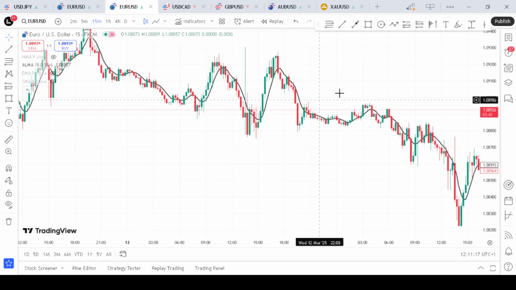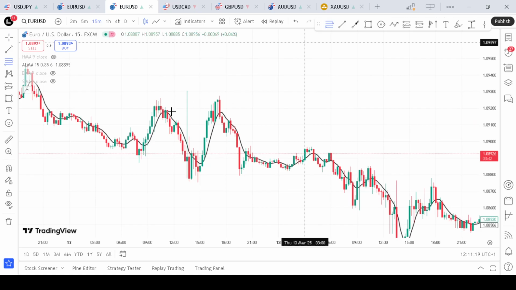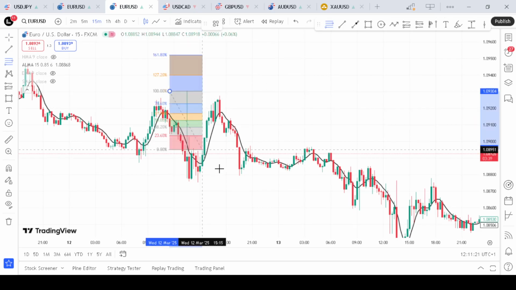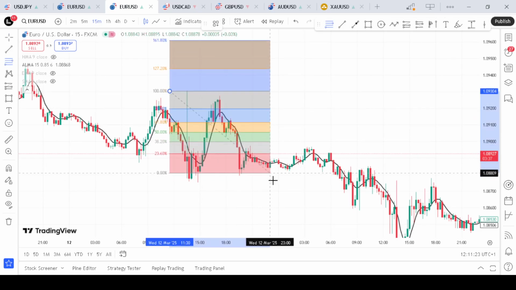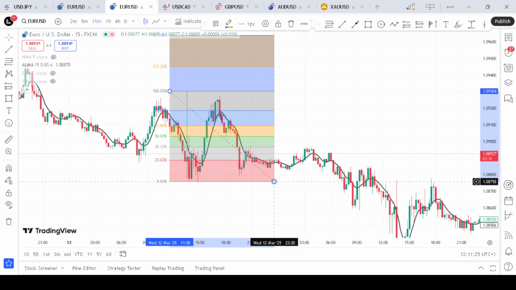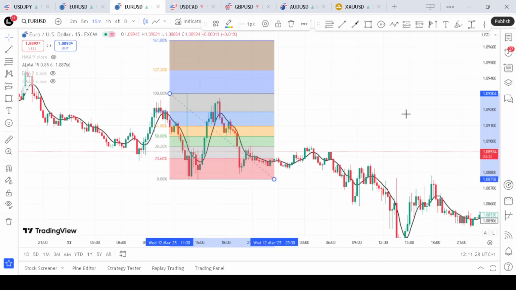So when using this indicator, it will be good to use your Fibonacci retracement levels combined with this indicator for better entries in price. When implementing the ALMA in your trading strategy, you might use it as a trend filter.